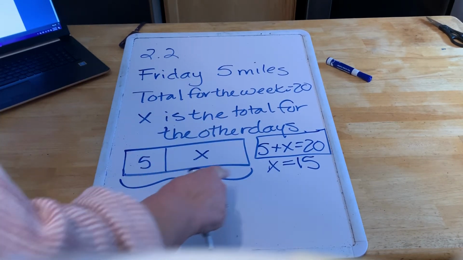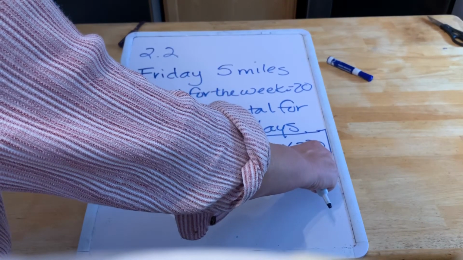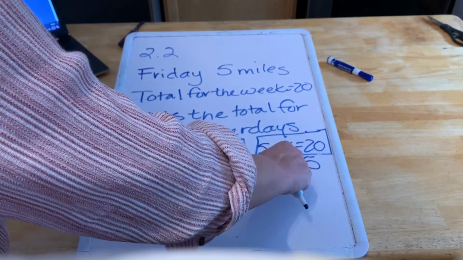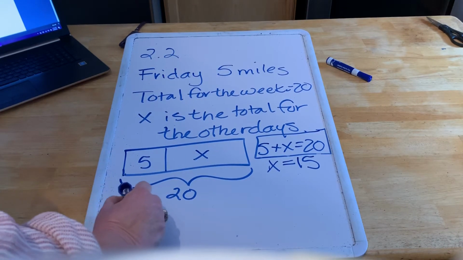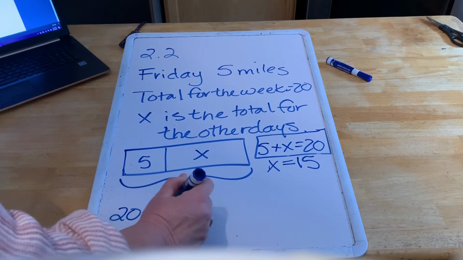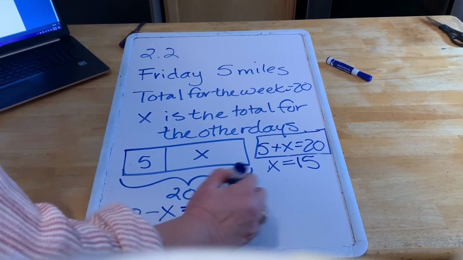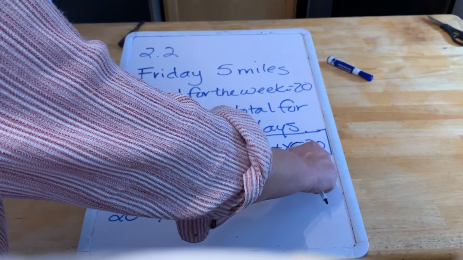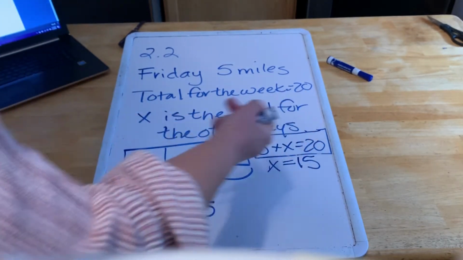My next equation, I'm going to go backwards. So 20 minus X equals 5. I know I could do that because subtraction is the opposite of addition. Okay, and then I could also do 20 minus 5 equals X. All I got to do is flip those around.